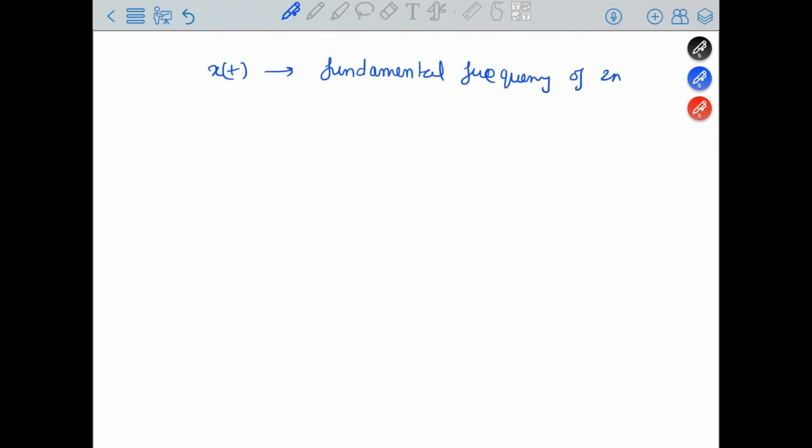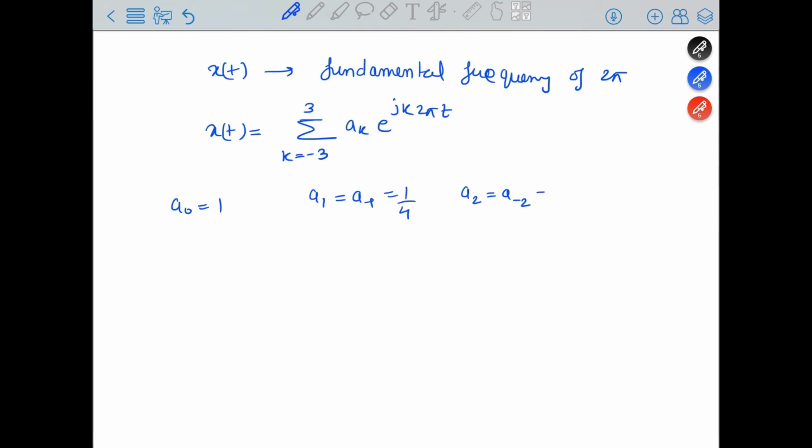From the representation earlier, k will vary from minus 3 to 3 in the sum of a k e raised to the power j k 2 pi t, and now we take a naught as 1, a of 1 equals a of minus 1 equals 1 by 4, a2 equals a of minus 2 equals 1 by 2, and a3 equals a of minus 3 equals 1 by 3.